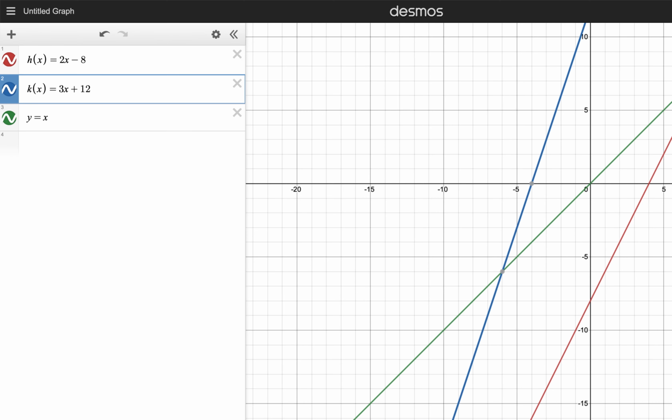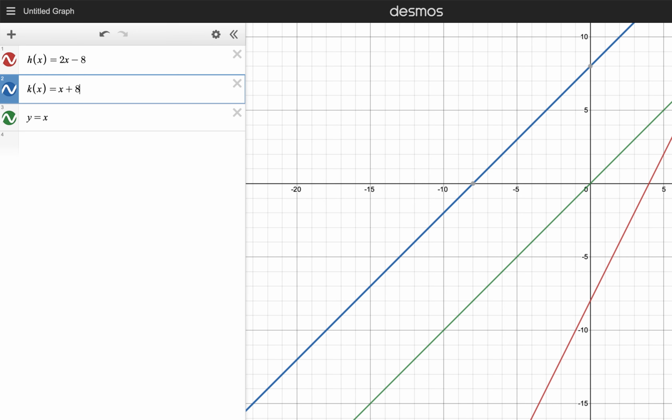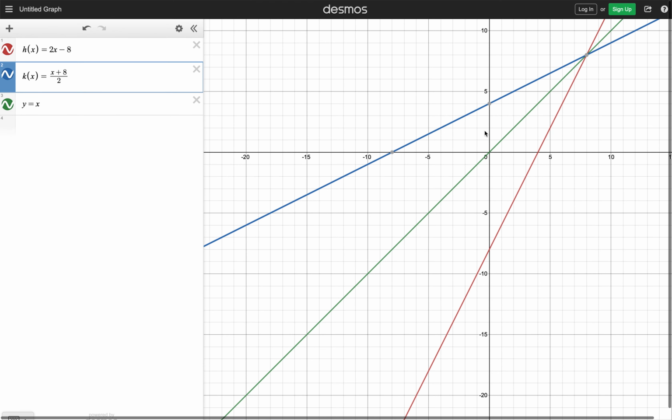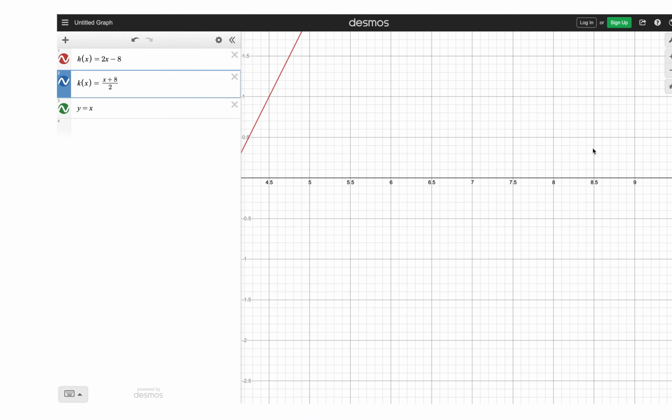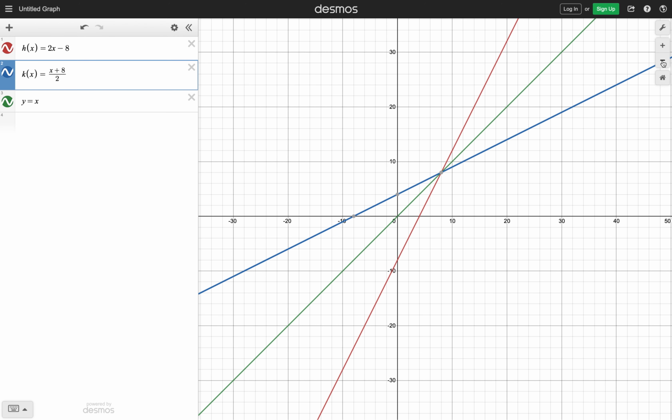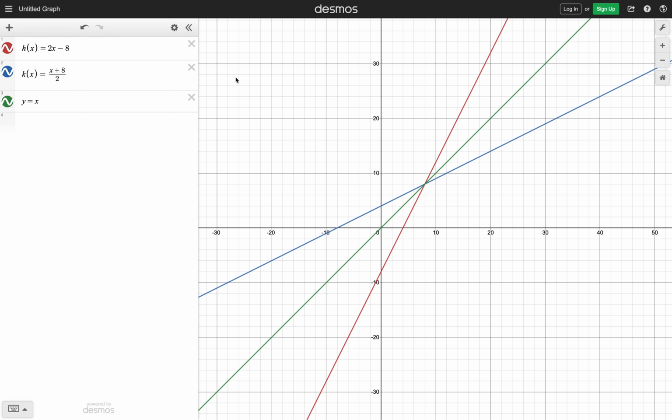Now I'll just let the inverse be, say, k of x, and do it this way. So you have x plus 8, all divided by 2. And in terms of the graph here, you have symmetry with respect to y is equal to x.